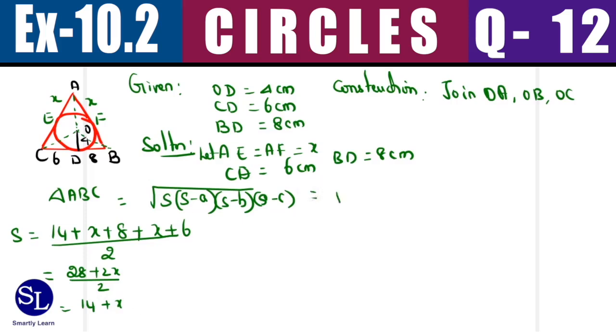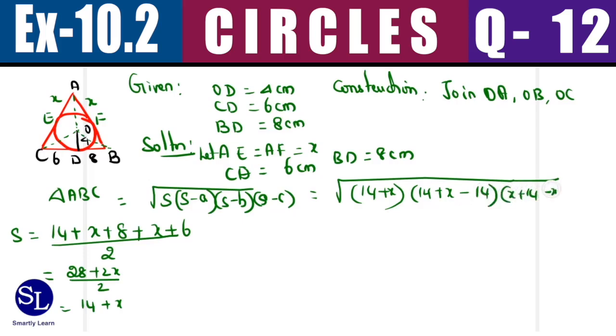Now let's compute. So this is going to be equal to 14 plus x into 14 plus x minus a. In this case, let's keep it as BC. So it is minus 14. Then 14 plus x minus of x plus 8, because I'm going to use AB's length, into 14 plus x minus of x plus 6, because I'm going to take AC as the third side now.